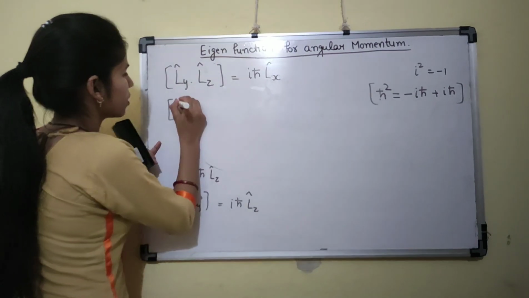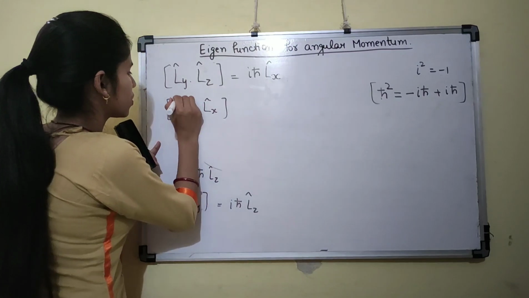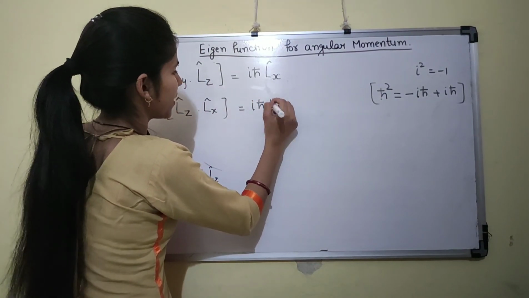So for Lz and Lx, the value is iota h cut Ly.